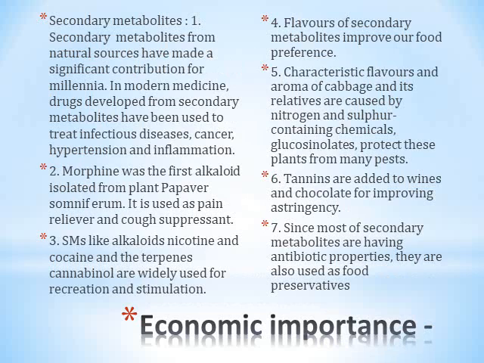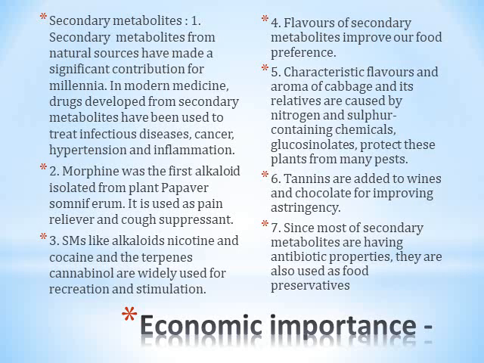So these are secondary metabolites from natural sources that have made a significant contribution for millennia. In modern medicine, drugs developed from secondary metabolites have been used to treat infectious diseases, cancer, hypertension, and inflammation.